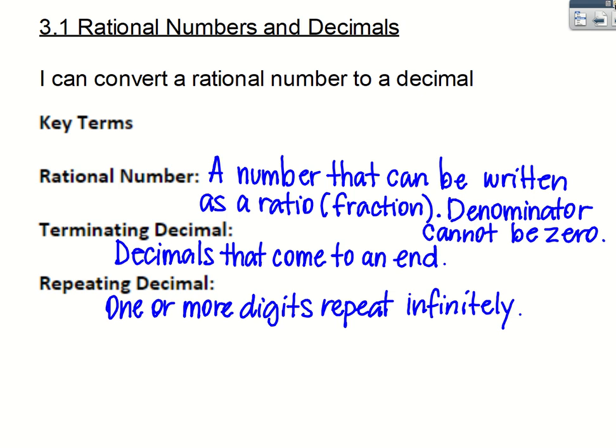So a rational number is any number that can be written as a fraction. So here's some examples. If I have the whole number 5, 5 is considered a rational number because it can be written as a fraction, 5/1, okay? Same thing with some decimal numbers. So if I have 0.9, that is a rational number because can that be written as a fraction? Remember your place values. The 9 is in the tenths place, so that is really 9/10.